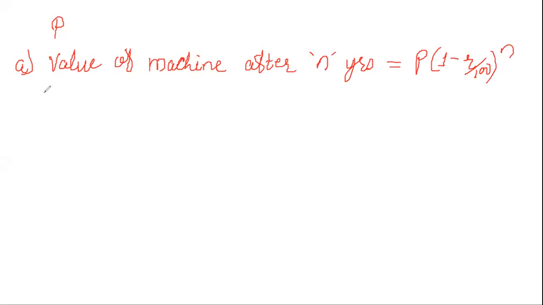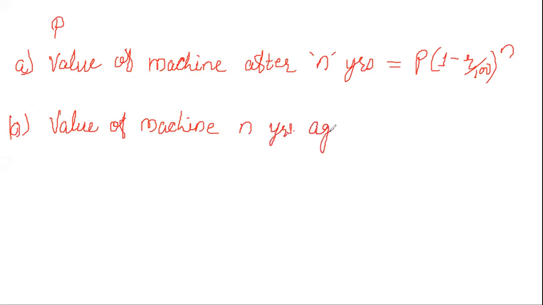And the value of the machine n years ago is equal to P divided by 1 minus R divided by 100 bracket raised to n.